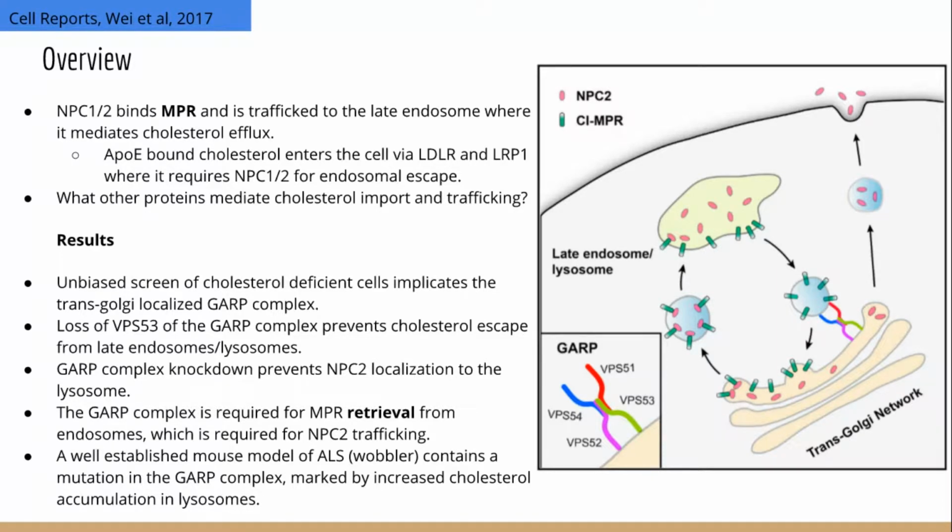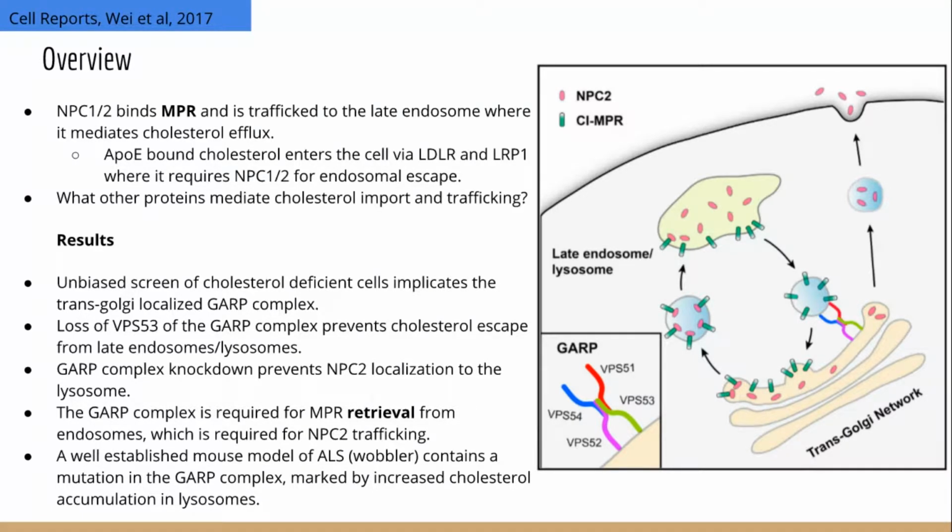GARP complex disruption was found to be critical for the proper localization of NPC2, and this was how it was mediating cholesterol trafficking. Specifically, the GARP complex indirectly mediates proper NPC2 localization because it's required for MPR retrieval from endosomes.